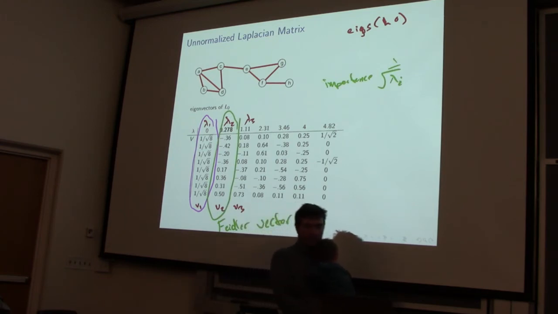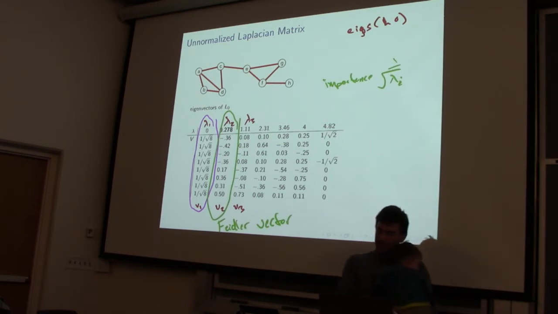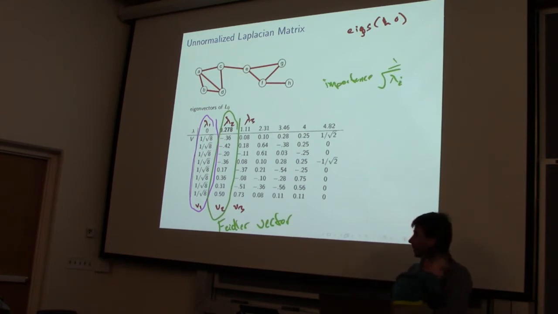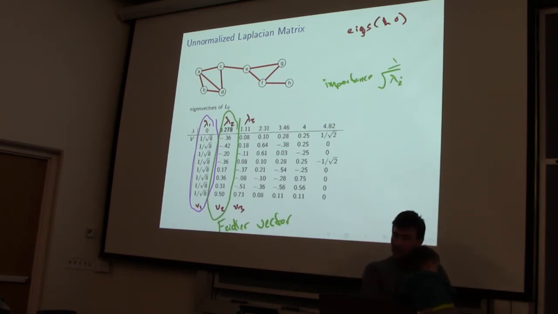So the smaller it is, the more important it is. This one is the smallest non-zero one, and this is the most important. Lambda 3 is over 1, so this is much bigger, and much less important.